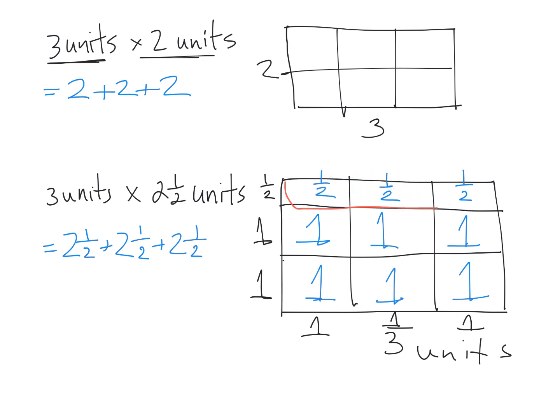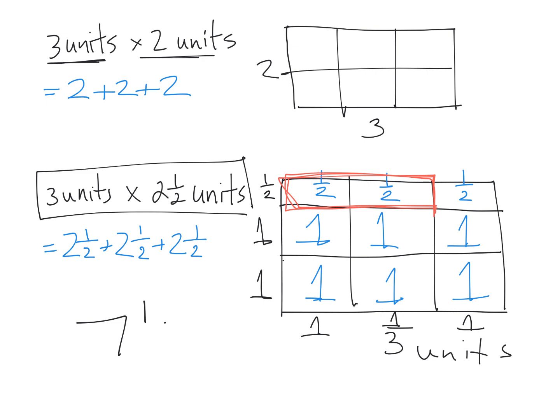So we can gather these two together to get one whole. Now we can see that our answer to this problem is 1, 2, 3, 4, 5, 6, and then together this is 7 plus a half. So our answer is 7.5.